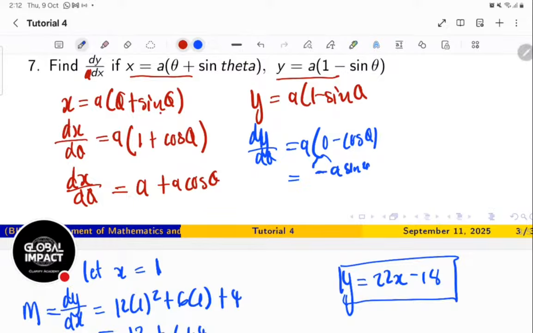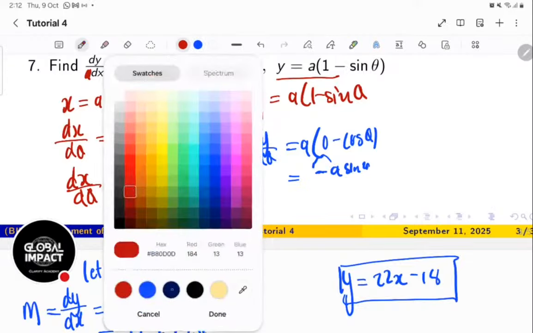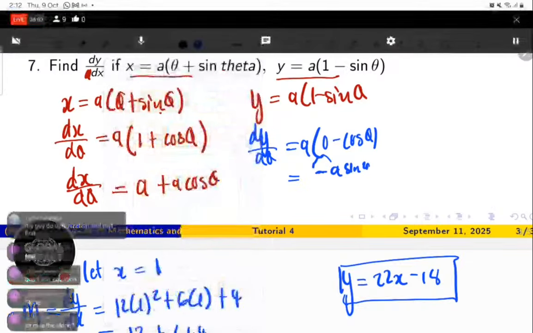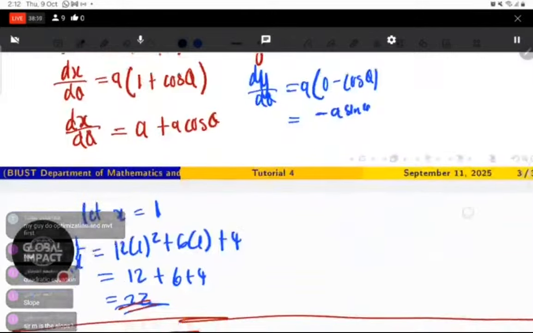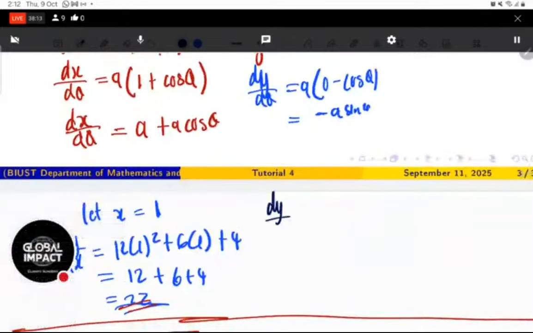Here it is. Look at what then happens. You have your dy/d theta and you have your dx/d theta. Now I actually want dy/dx.